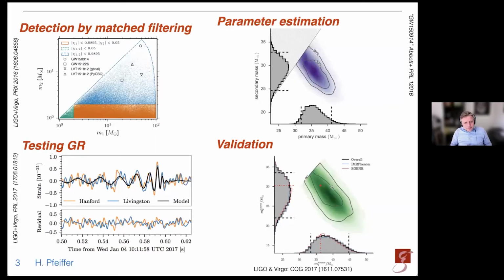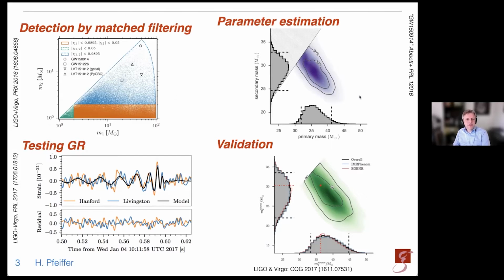To highlight the importance of waveform knowledge is very easy, because pretty much none of gravitational wave astronomy would be possible without knowing the waveforms ahead of time. For instance, the top left plot here on this panel illustrates gravitational wave template banks that are used for detection of signals via matched filtering, by cross-correlating the detector output with the expected waveform templates based on general relativity.